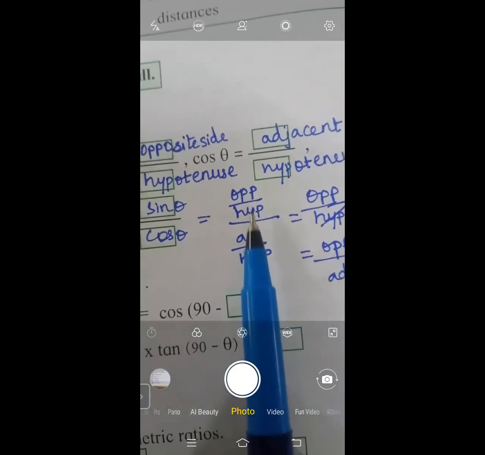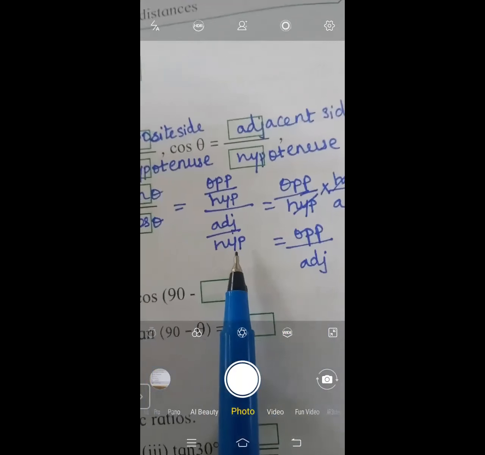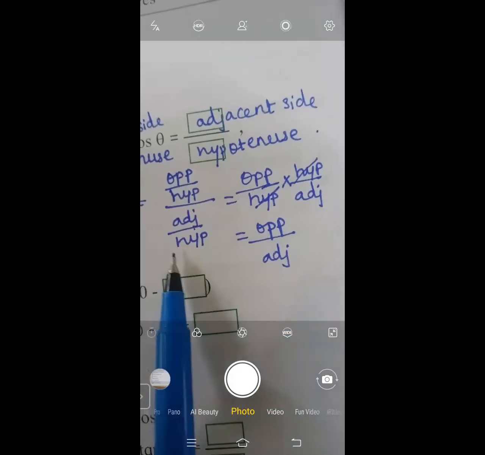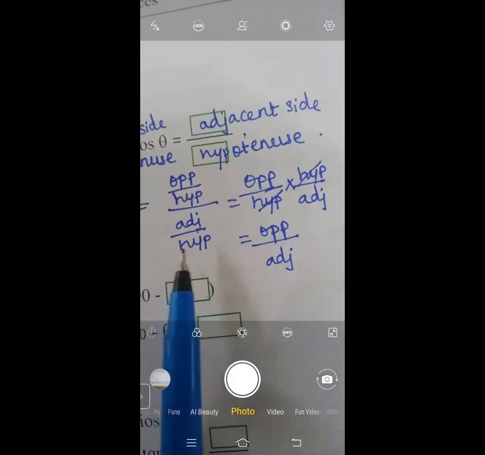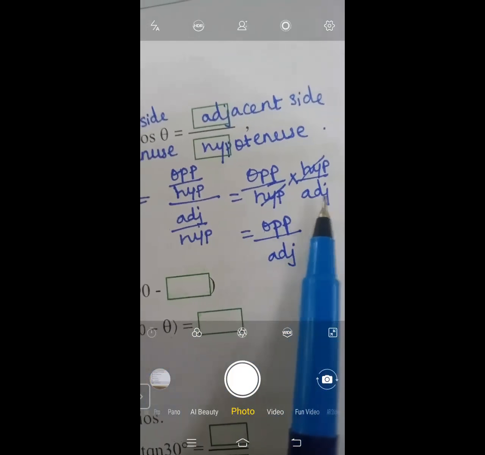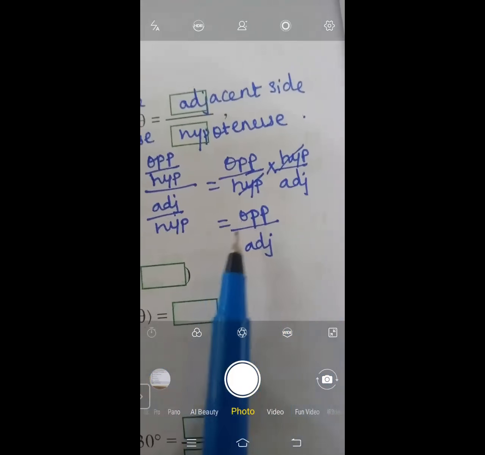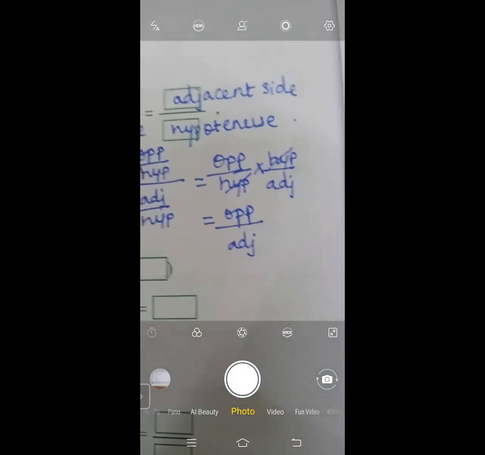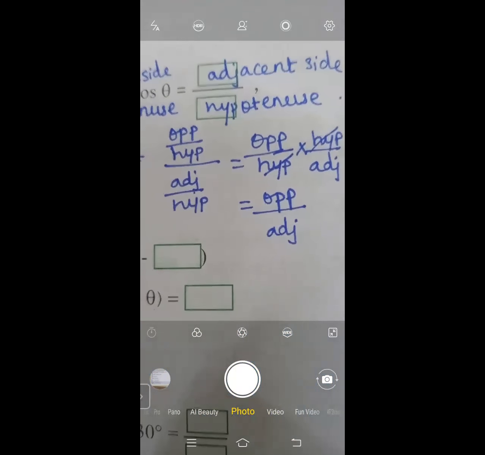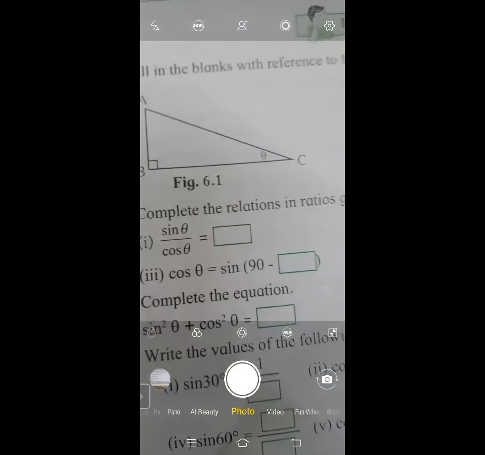After substituting the value of sine theta and cos theta, we take reciprocal of this denominator, which inverts and takes the denominator in the numerator, which is opposite divided by adjacent. The hypotenuse gets cancelled and whatever is left with us is opposite side upon adjacent side. So we will complete the following ratios.